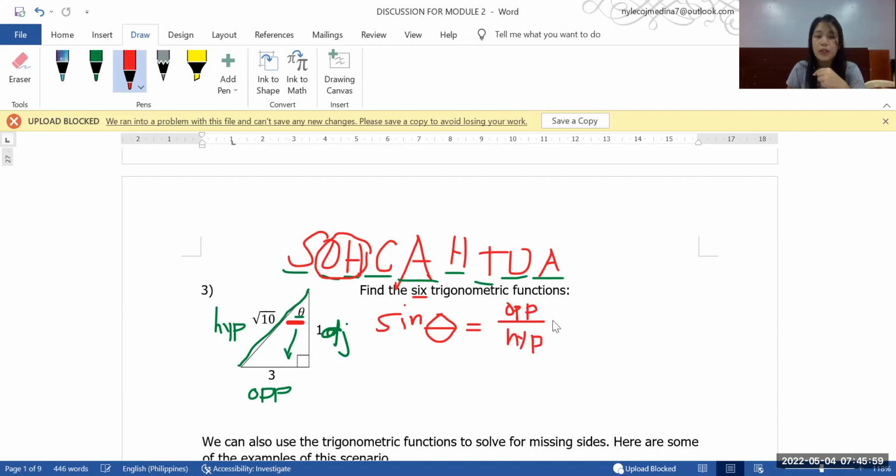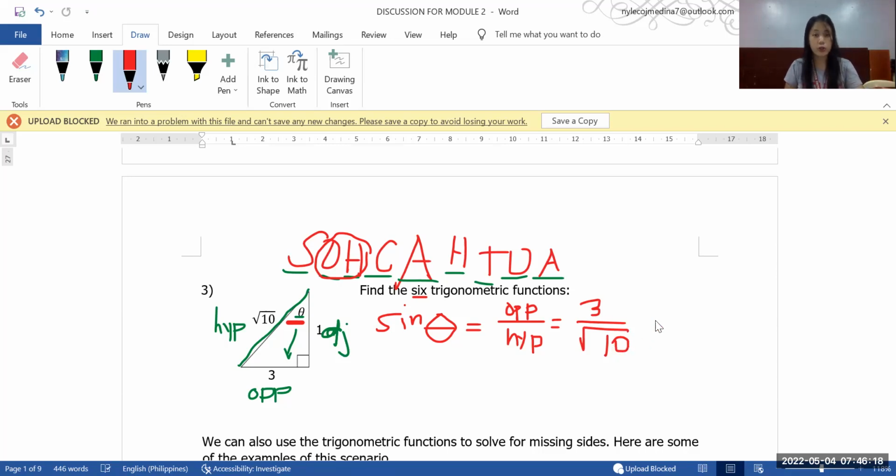Now, you just identify the values of the opposite and hypotenuse in the figure. Our opposite is 3, and our hypotenuse is square root of 10. So, that is your value.